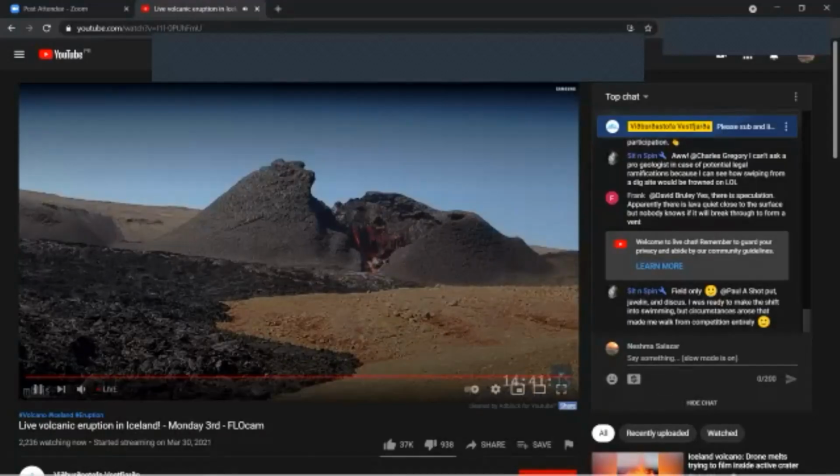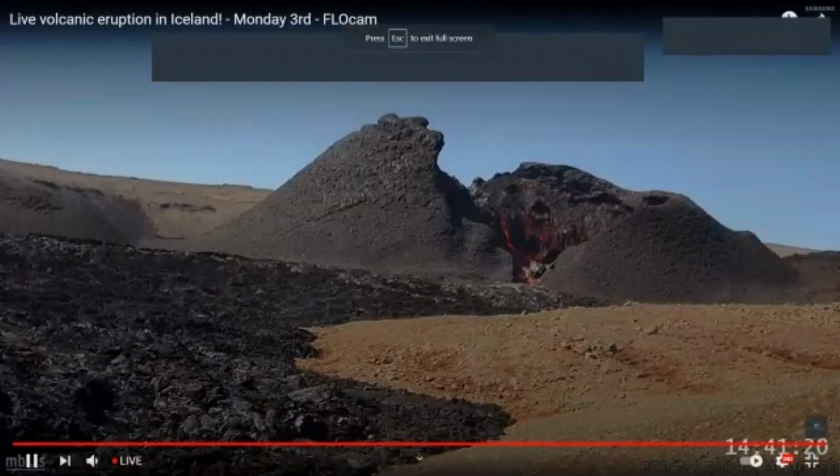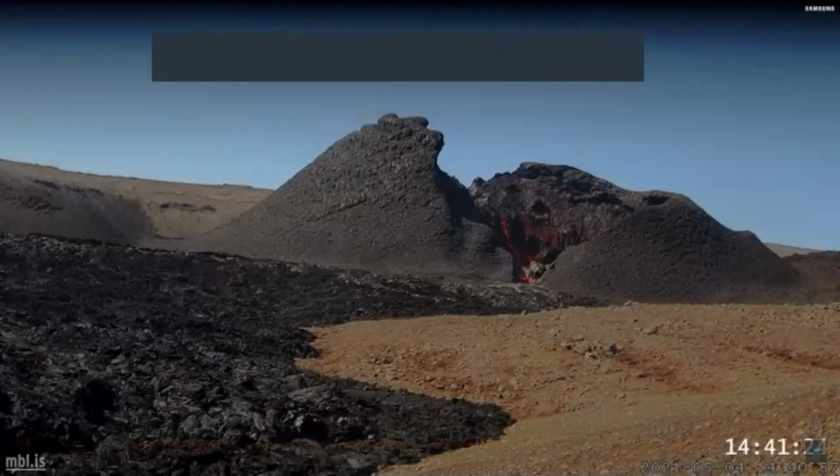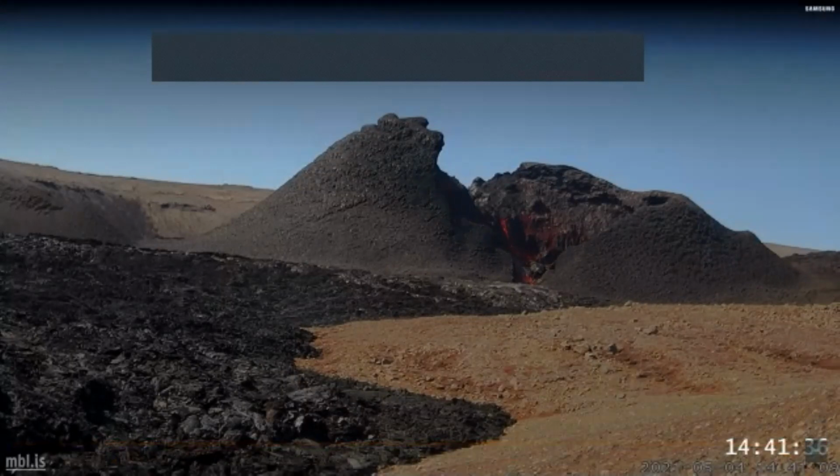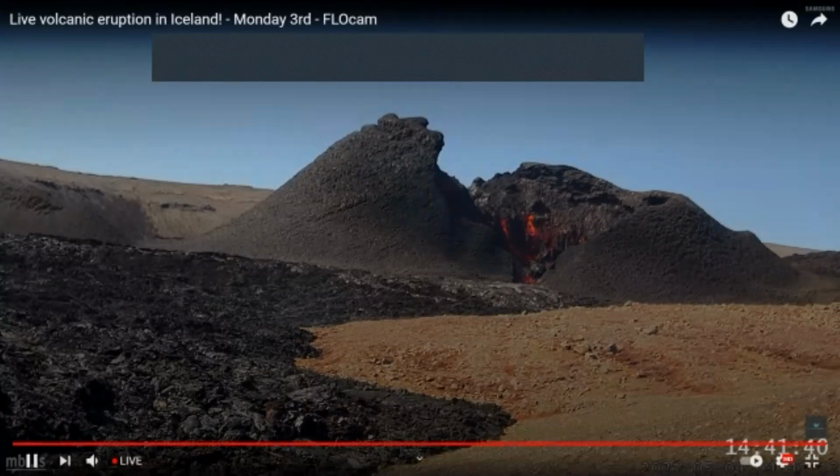Oh, it stopped. Okay, can you guys see this? Okay, so that's the volcano in Iceland. Do you guys see this red stuff inside? Okay, so right now it's not doing anything, but this is live footage. It's a live camera right now. Oh, there you go. We see some lava coming out.